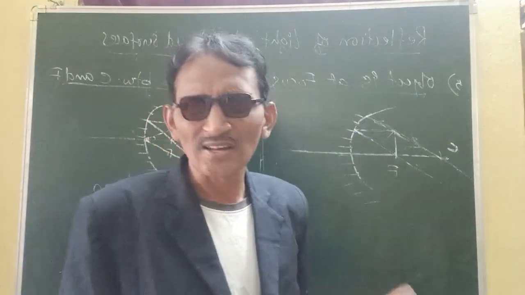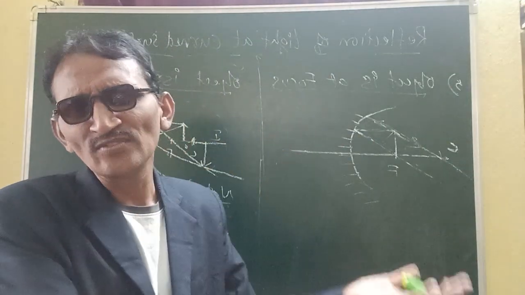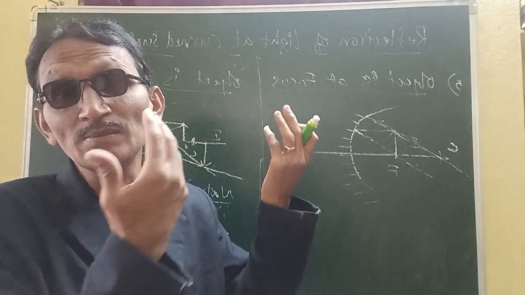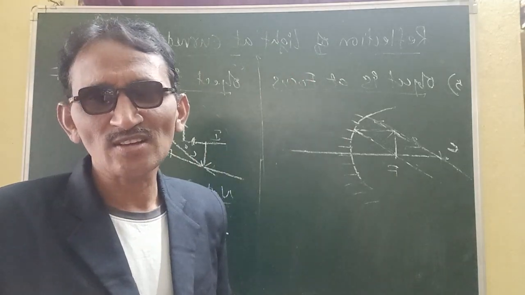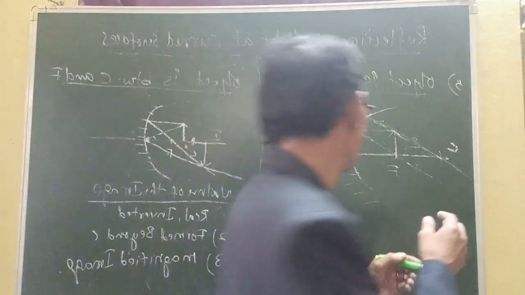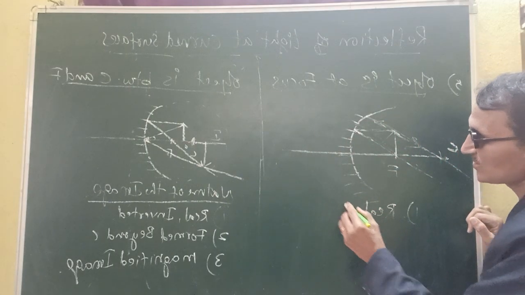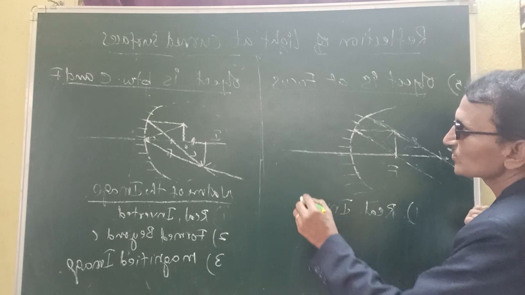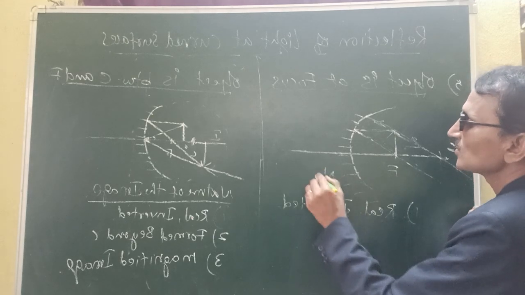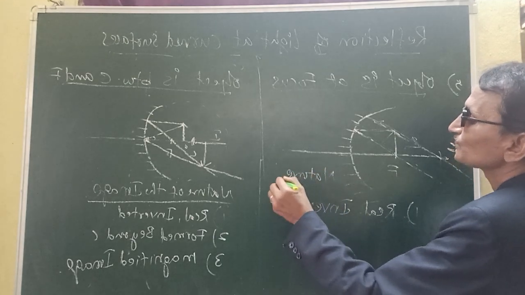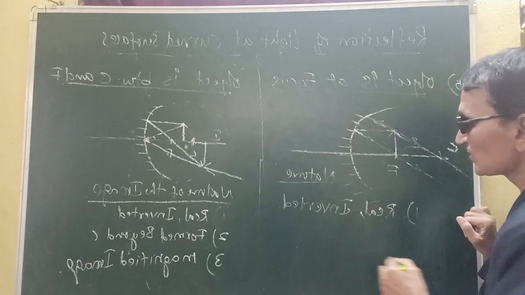So the image is real, inverted. It is formed at infinity. We can't see that. It is a highly magnified image. What is the nature of the image? Highly magnified image. It is a real image. Real images are always inverted images. This is the nature of the image: real, inverted image.